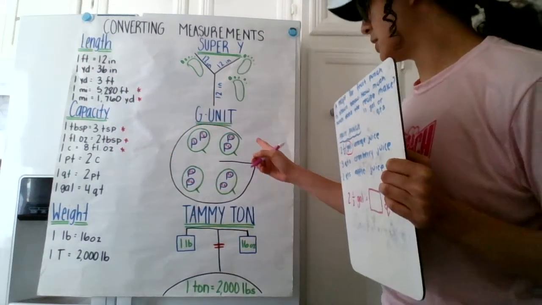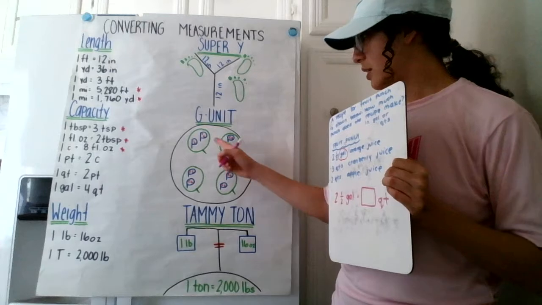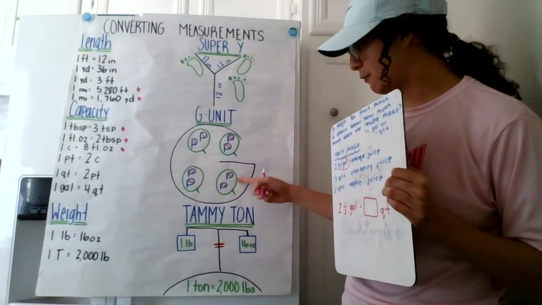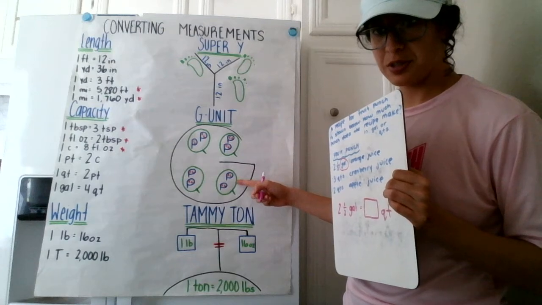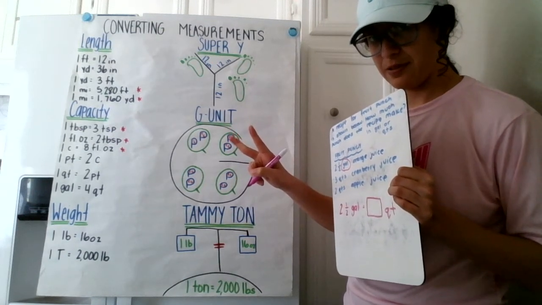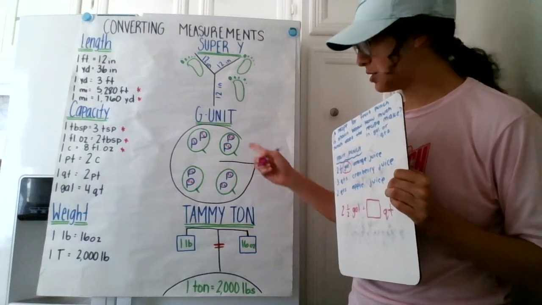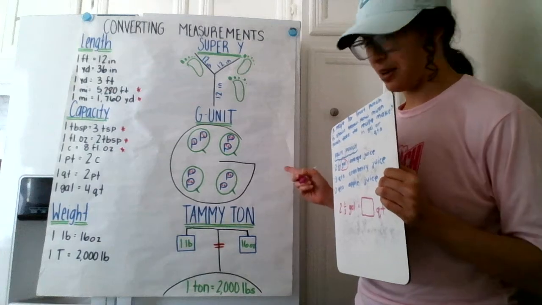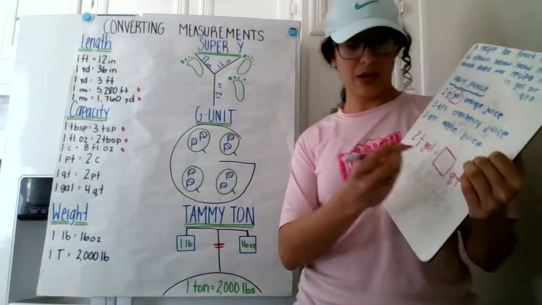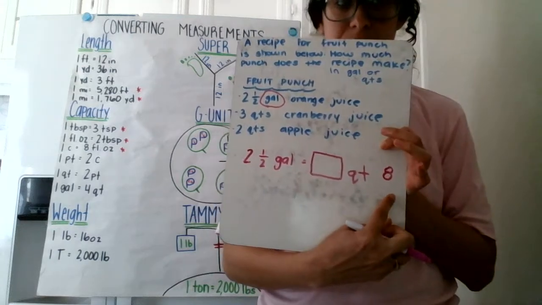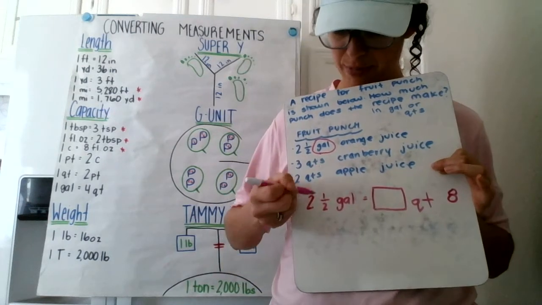Okay, so let's look here. If 1 gallon has 1, 2, 3, 4 quarts, 2 gallons is going to have double that. What's double of 4? 8, right? So I'm going to write it over here so I don't forget. I know right now I have 8 quarts, so I have my 2 out of the way.